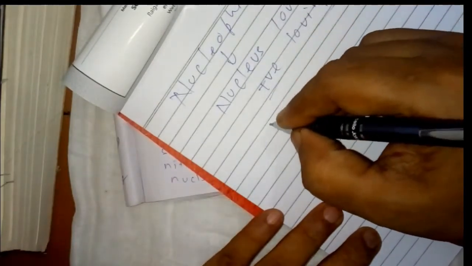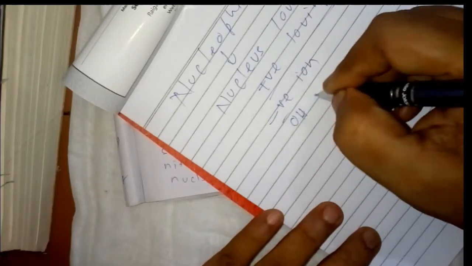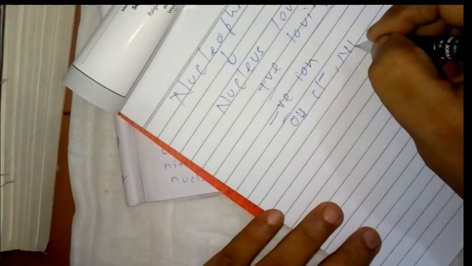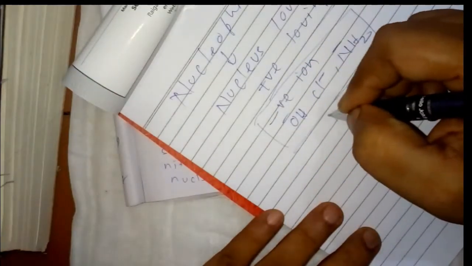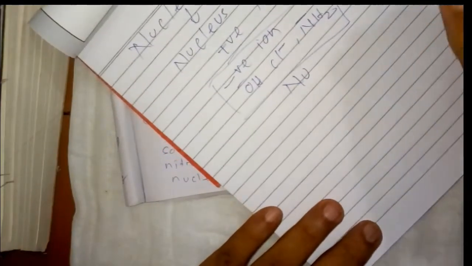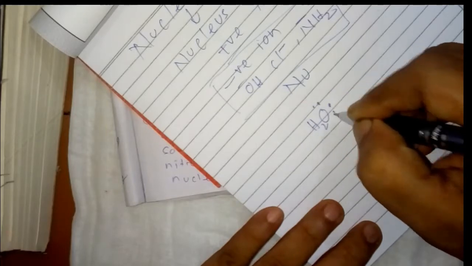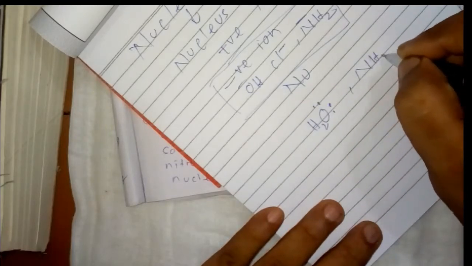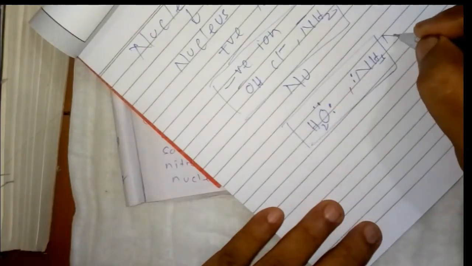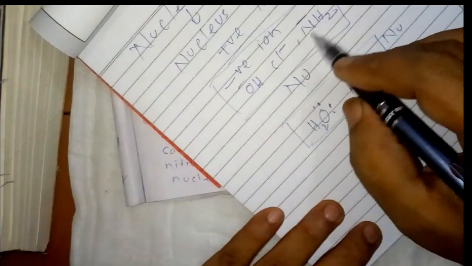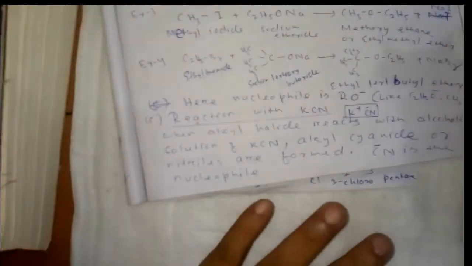Positive loving means negative ions like OH minus, Cl minus, NH2 minus. These are negative ion nucleophiles. Also molecules like water, where oxygen has a lone pair, and NH3, where nitrogen has a lone pair, are nucleophiles. These are neutral nucleophiles. So the concept of nucleophile should be clear to you.